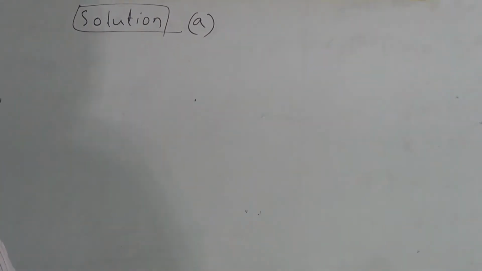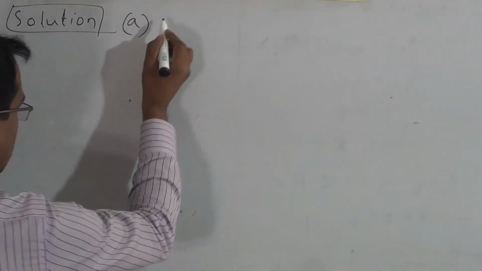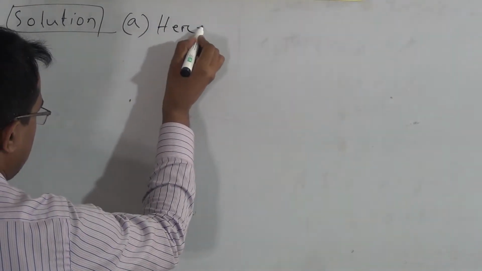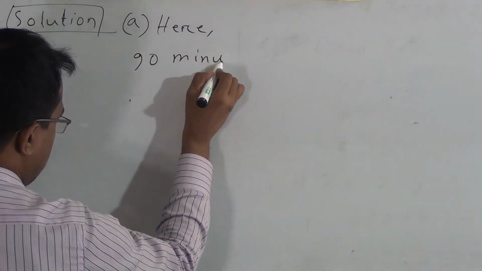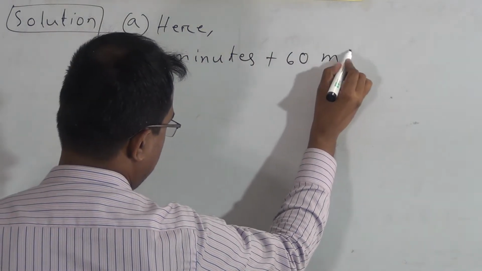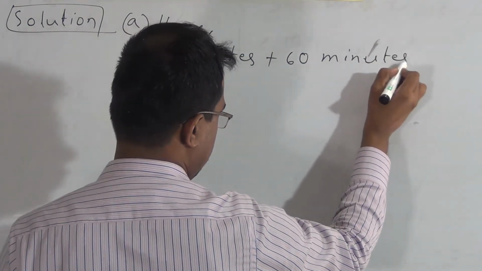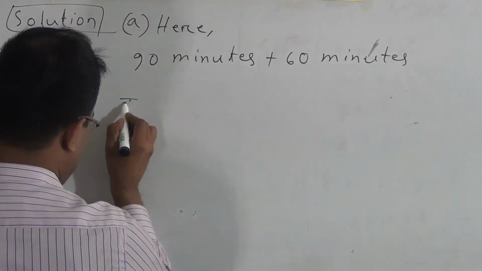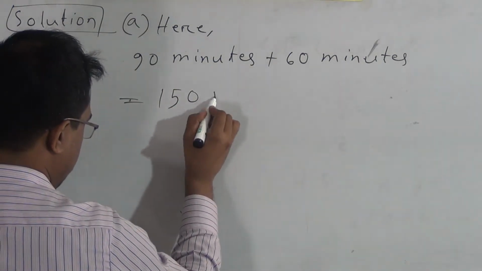Here we have to convert 90 minutes plus 60 minutes into hours and minutes. So at first we will write 90 minutes plus 60 minutes. This is equal to 150 minutes.